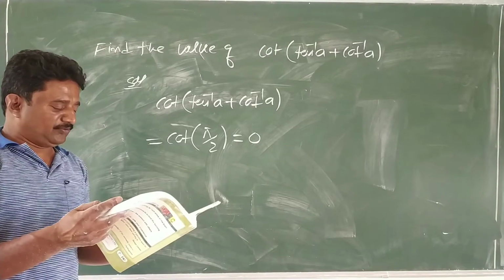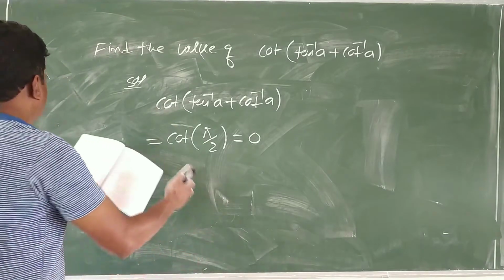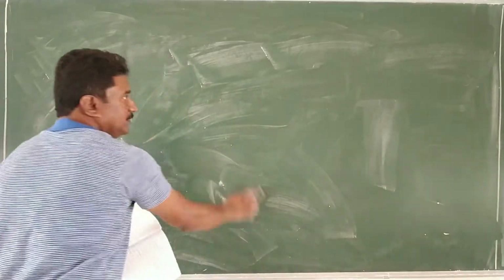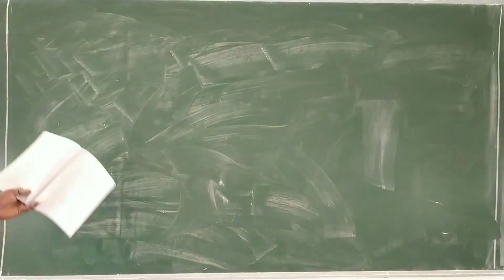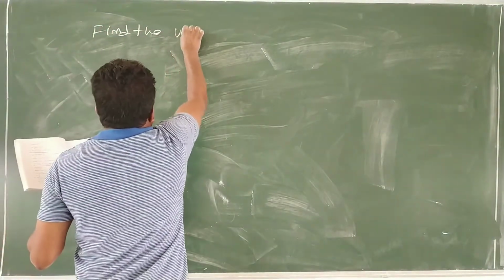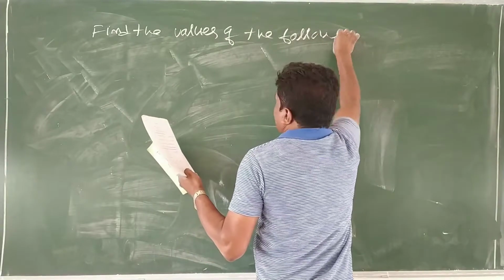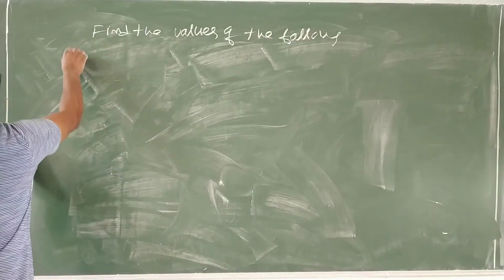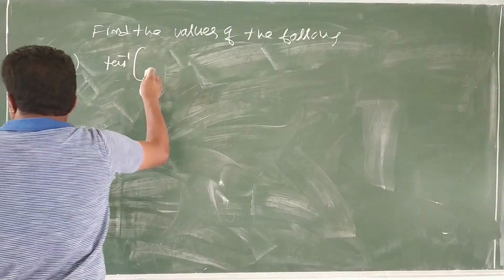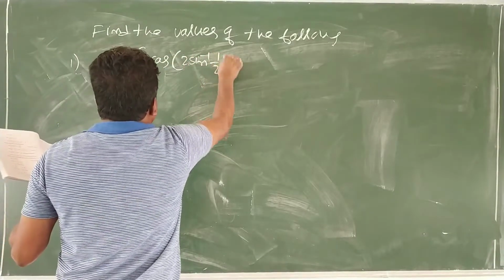Find the values of the following. First question in that: tan inverse of 2 cos 2 sine inverse 1 by 2.